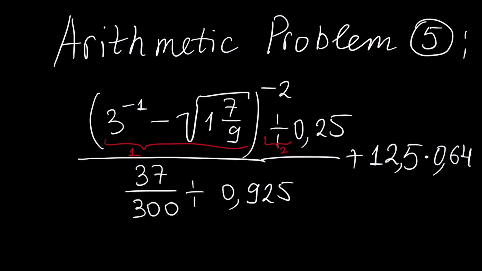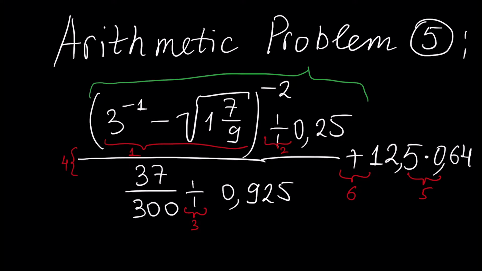Next, this will be number 3, and we divide, and this division is number 4. Then we multiply this, and this will be operation number 5, and then we perform addition, and this is operation number 6.